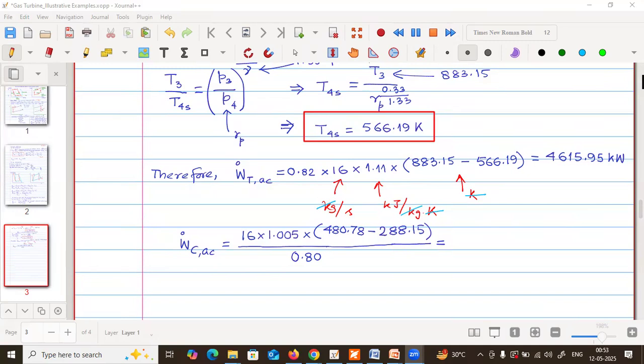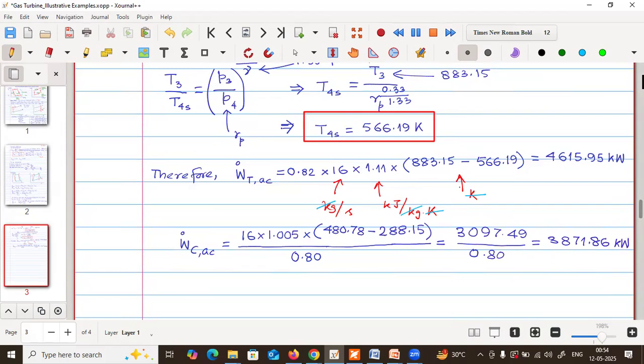this is equal to 3097.49 divided by 0.80, that is equal to 3871.86 kilowatt.